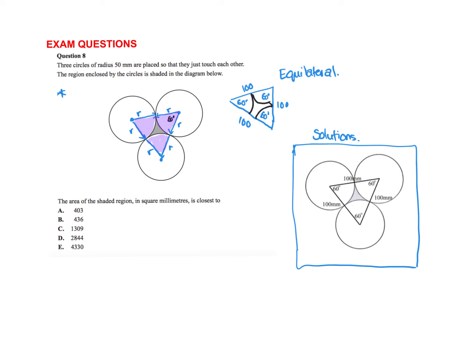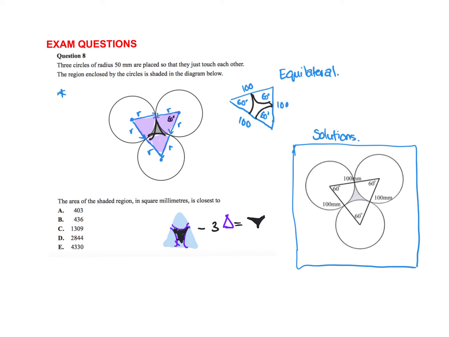So if I found the total area of the triangle and then I minused those 3 sectors out of it, I'll just draw them like that, you're going to end up with just that shaded bit in the middle. Sorry, a bit dodgy, but there you go. So that's what we could do.